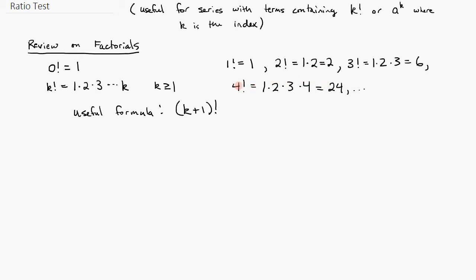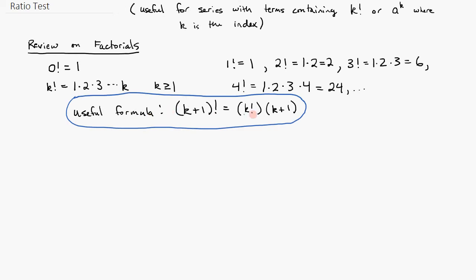So 4 factorial is the same as 3 factorial times 4, and then 5 factorial will be the same as 4 factorial times 5, and so on. So k plus 1 factorial is the previous factorial, which is k factorial, times the number that you're interested in, so k plus 1. Again, this formula is going to be helpful when we do the ratio test.